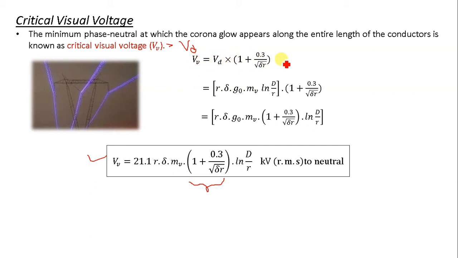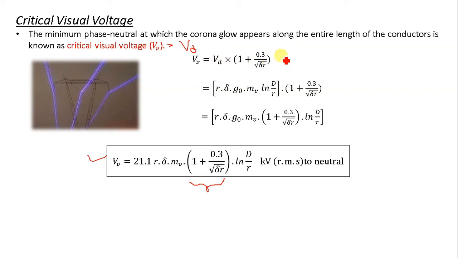Now this is an empirical formula. What do we mean by an empirical formula? It is not a derived formula, but one that is taken from many experiments. After plenty of experiments, this formula has been constructed.